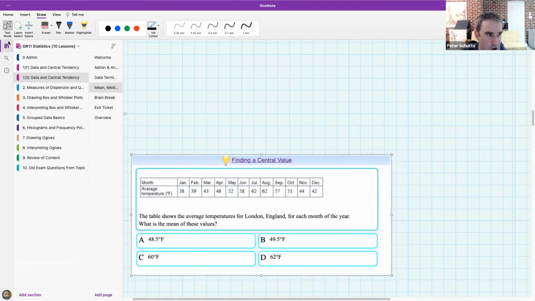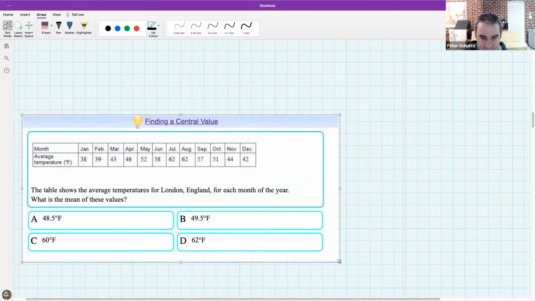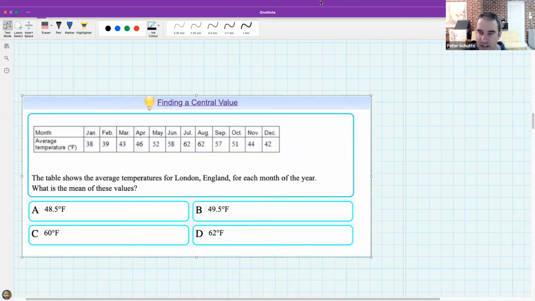Let's do this. So I want you to start by finding me the mean for this data set. Find me the mean for this data set. I'm glad you liked it, Pussy Siwe. So find me the mean.